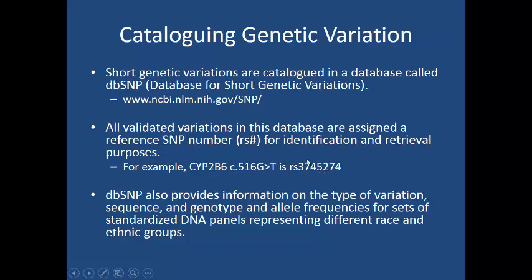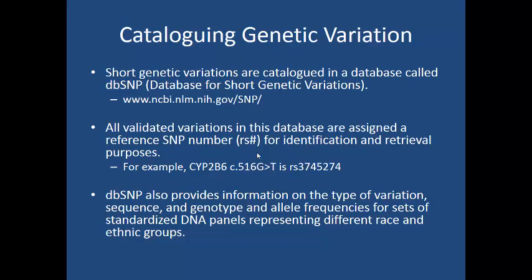RS3745274. So if you plug this into the dbSNP website, it will pull up this variant for you, and it will tell you a number of things about it, like the frequency of the alleles in different populations, the frequency of the genotypes in the different populations.